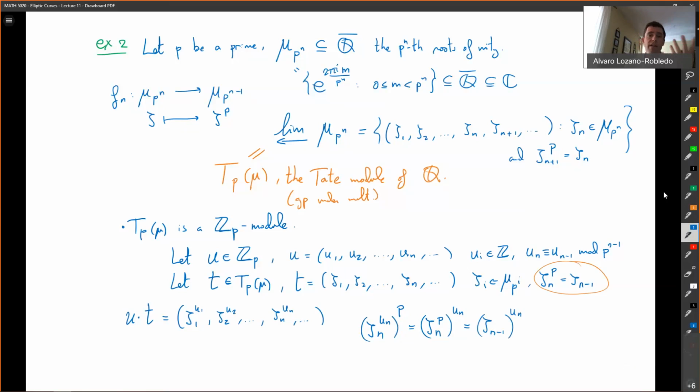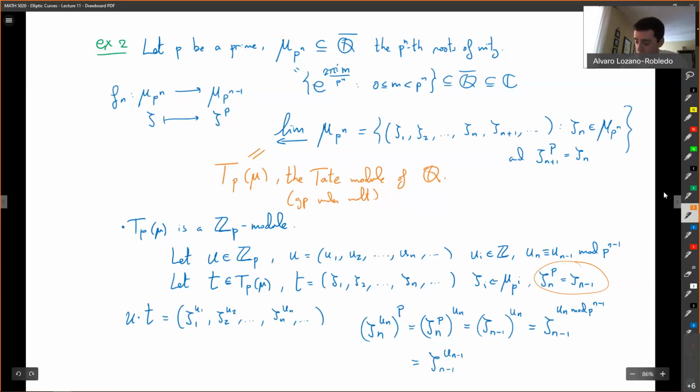Because if I have, say, a 5th root of unity, zeta to the 3 and zeta to the 8, they have to give me the same number because they differ by zeta to the 5, which is 1, if zeta is a 5th root of unity. So it turns out that this is the same as zeta_{n-1}, and the exponent I can always reduce modulo p to the n minus 1, but that is precisely, by the condition above, congruent to u_{n-1}, which is the previous element in my sequence as defined.